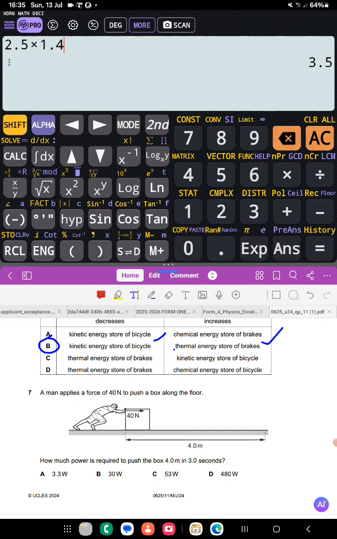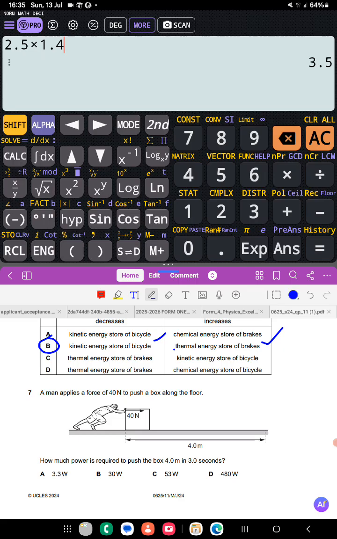Now question 7. A man applies a force of 40 newtons to push a box along the floor, right? How much power is required to push the box 4 meters in 3 seconds?